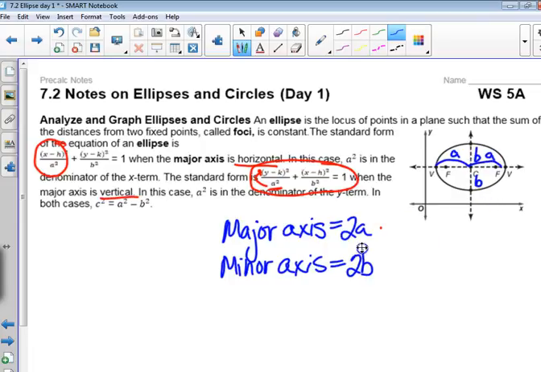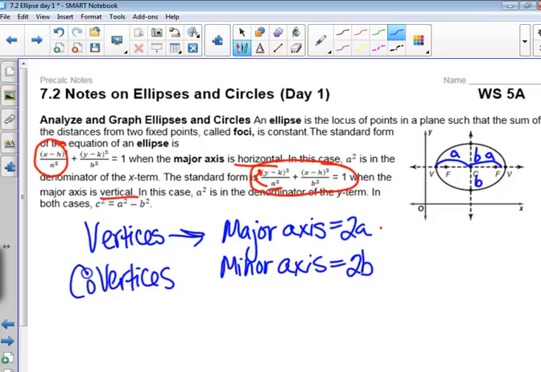Okay. The ends of the major axis are the vertices. Okay. Vertices are at the ends of the major axis. The co-vertices are at the ends of the minor axis. And by ends, I mean those nice ordered pairs here. So this is a co-vertice and a co-vertice, whereas this one is a vertice and a vertice.